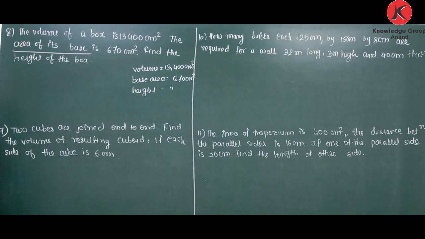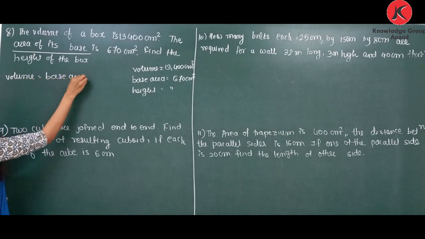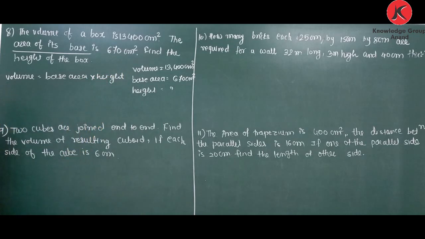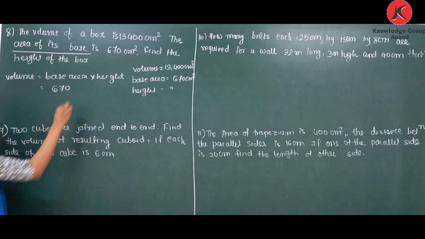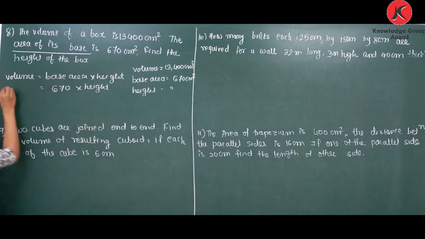So we learn one more equation for volume. Volume of a cuboid is LBH, but you can also use the equation that volume is equal to base area multiplied by height. That is also one equation, base area multiply height. Area of base is given 670, height we need to find, and volume is given 13,400.